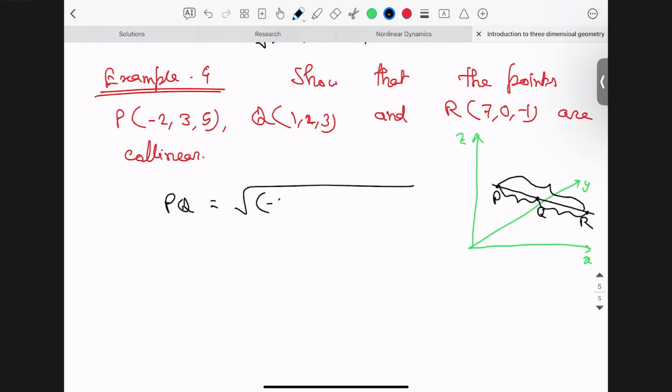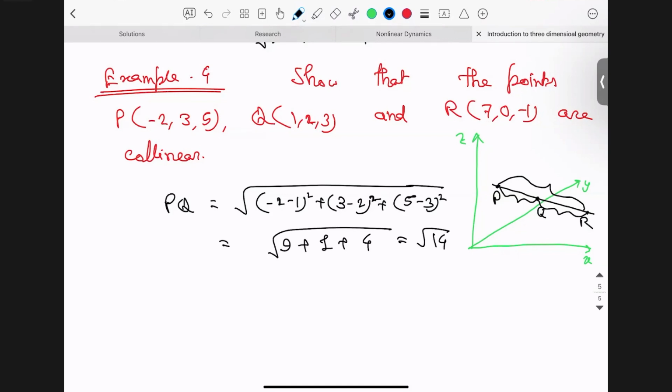So PQ is the square root of (minus 2 minus 1) whole square, plus (0 minus 2) whole square, plus (1 minus 3) whole square. So this will give us 9, this will give us 1, and this will give us 4. Together, it will give us 14.